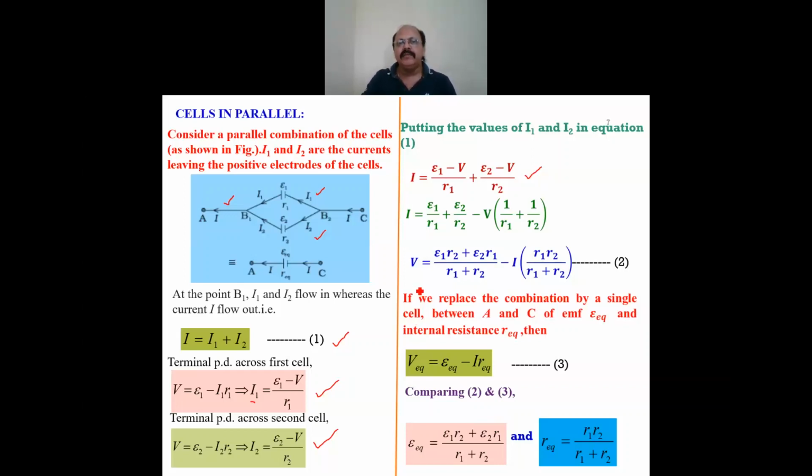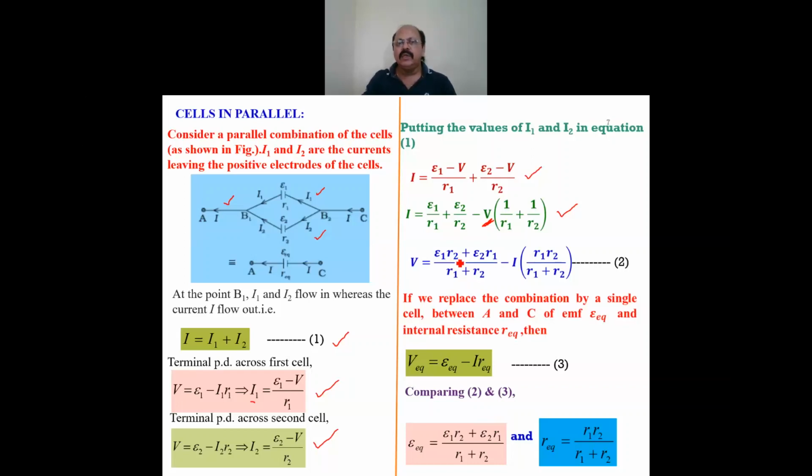What you will get? I is equal to E1 upon R1 plus E2 upon R2 minus V, you take outside, within the bracket is 1 upon R1 plus 1 upon R2. Now from here you have to find out the value of V, because in parallel combination V remains constant. So when you calculate after rearranging, taking the LCM, then what will you get?